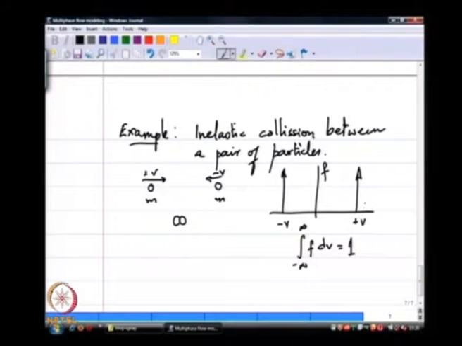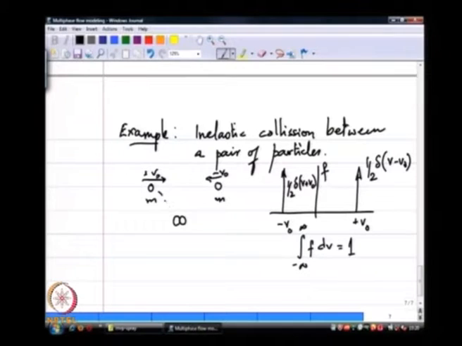So, this would be half a Dirac delta function at v, I will call this v0 just to distinguish it from the coordinate v, and this would be half delta v minus minus v0. If I was to define f to be the summation of these two, that would ensure that the probability density function integrates out over its appropriate limits to 1.